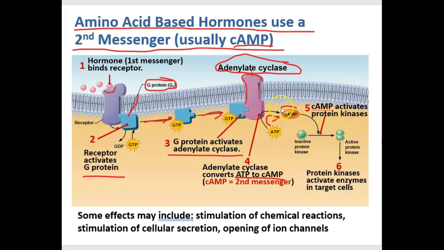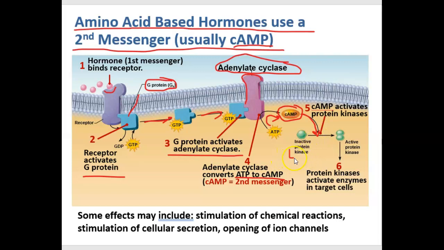So now we have the second messenger, cyclic AMP. So that's the initial effect of a peptide hormone, is that a second messenger has been created because the receptor was linked to this G protein that activates that process. But so what? So now we have cyclic AMP. Cyclic AMP does a lot of things, but one of the major things it does is it activates other enzymes.